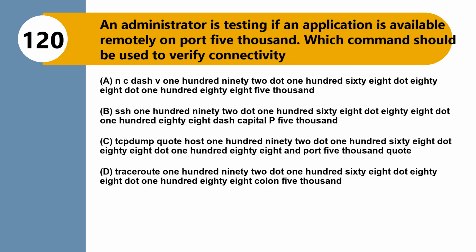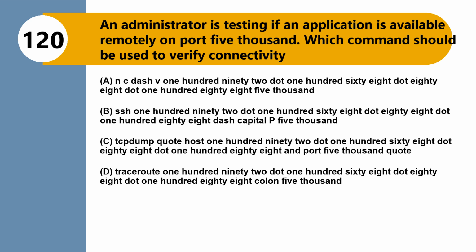Question 120. An administrator is testing if an application is available remotely on port 5000. Which command should be used to verify connectivity? Option A, nc -v 192.168.88.188 5000. Option B, ssh 192.168.88.188 -p 5000. Option C, tcpdump "host 192.168.88.188 and port 5000".